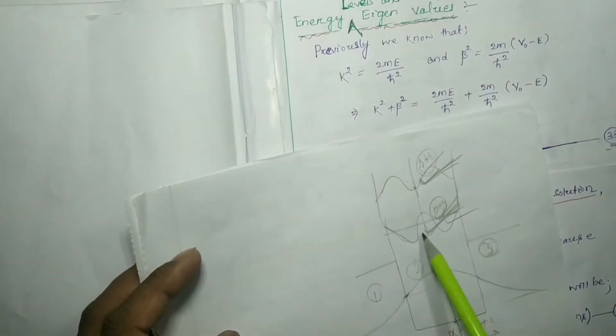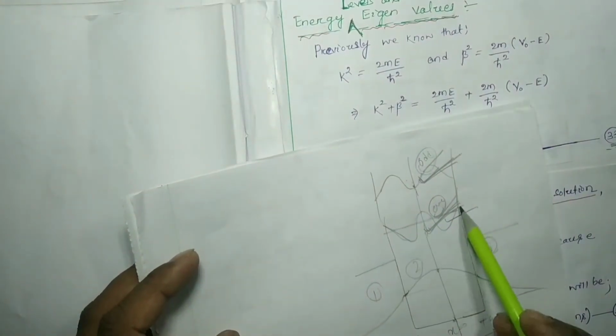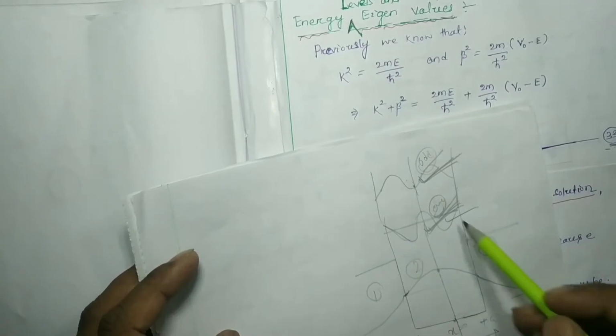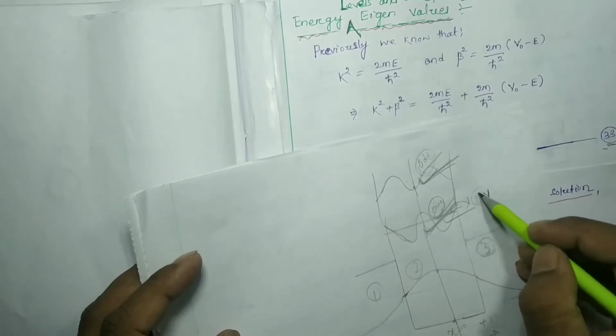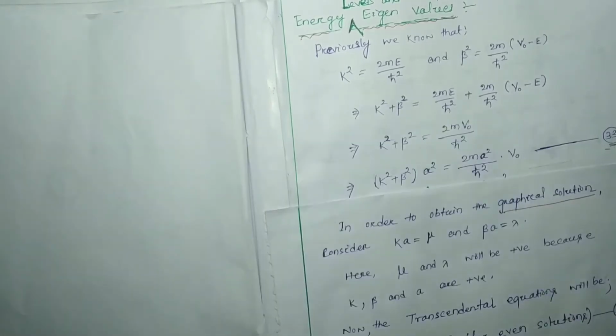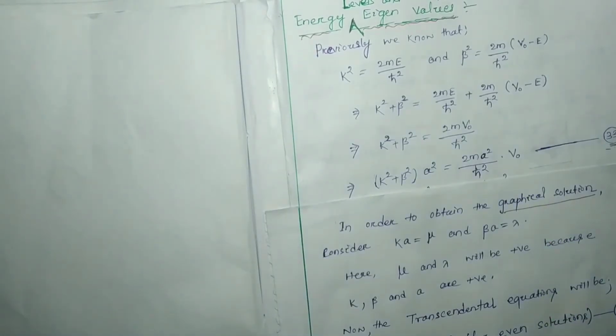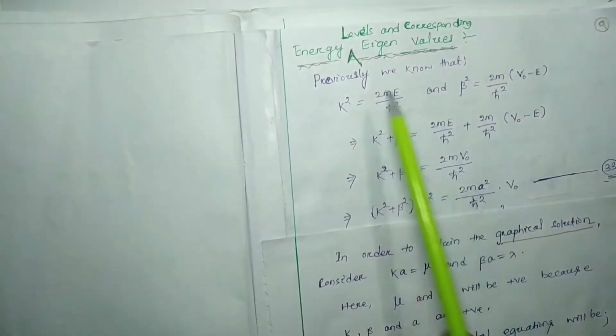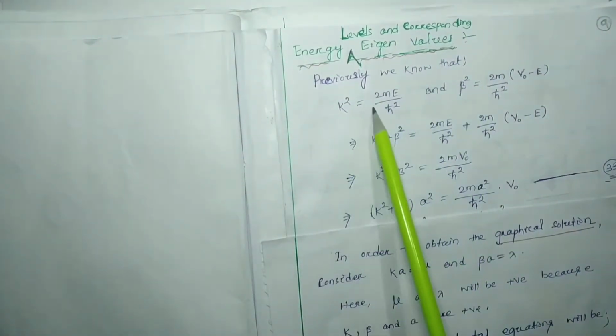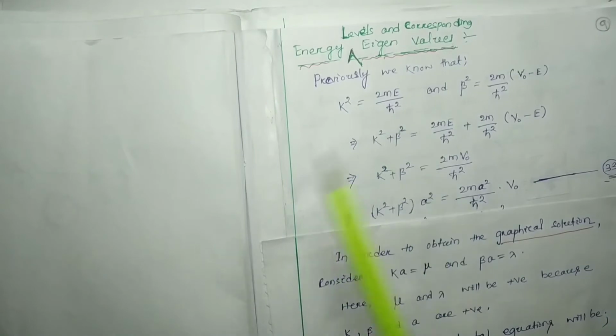Suppose this is the state having this eigenfunction, what will be its eigenvalue? That we are going to start to discuss. So previously we know that k square equal to 2mE by h cross square.